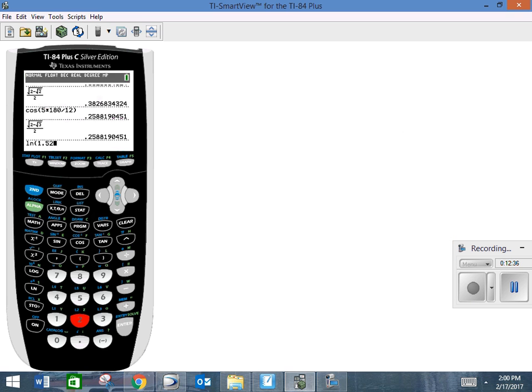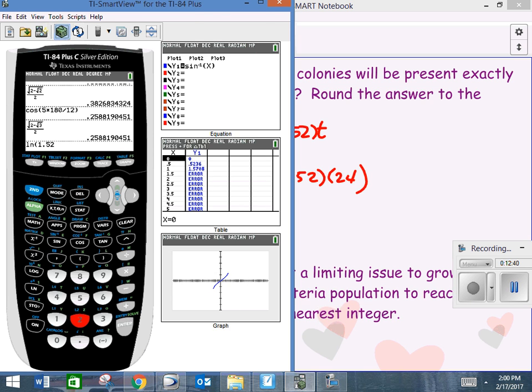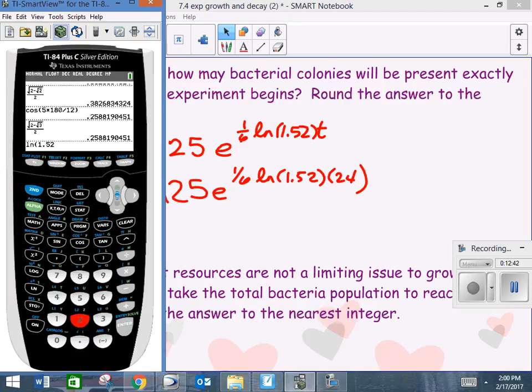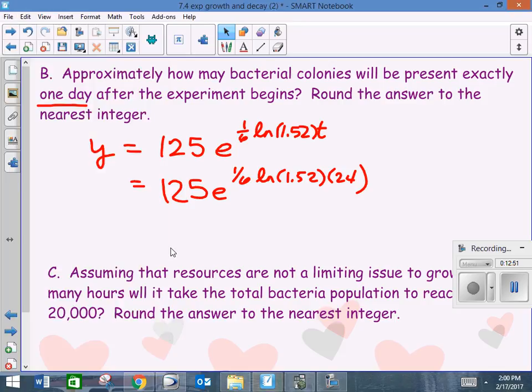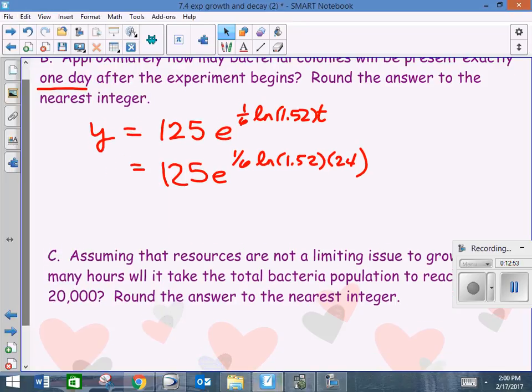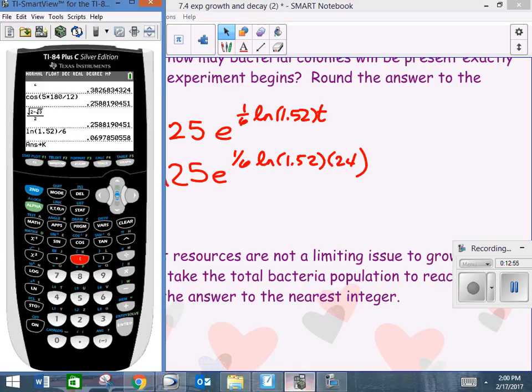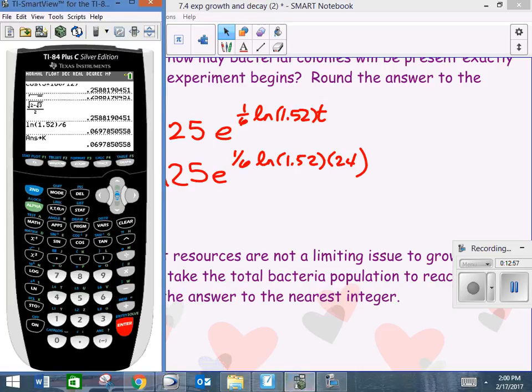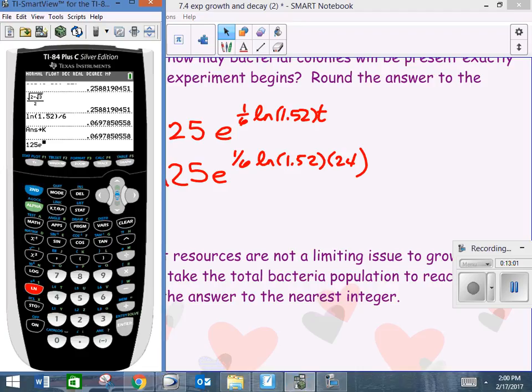1.52 divided by 6. Store alpha K. All right. 125 e to the power of alpha K times 24.